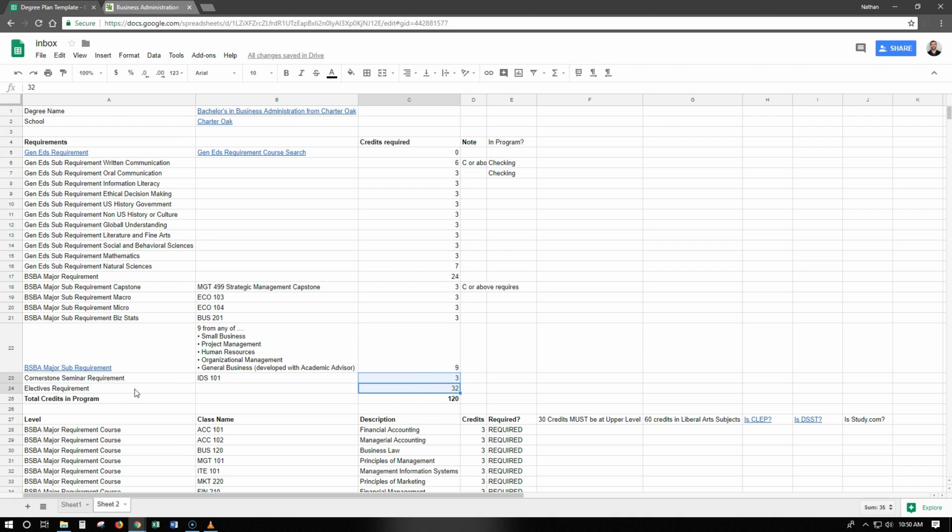So now our total electives remain at 32. Our IDS cornerstone is 3. Our BSBA major sub-requirement of 9. The remaining BSBA major requirements of 36. So a total of 45 required. And 40 credits here in these gen eds requirements.